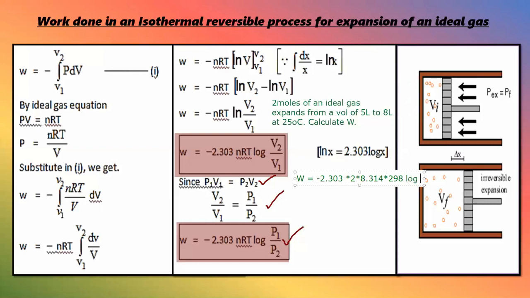Then log V2 by V1. What is V2 here? V2 is 8 divided by 5.